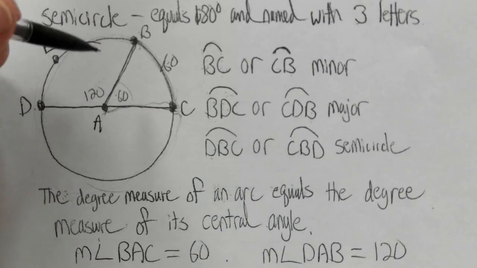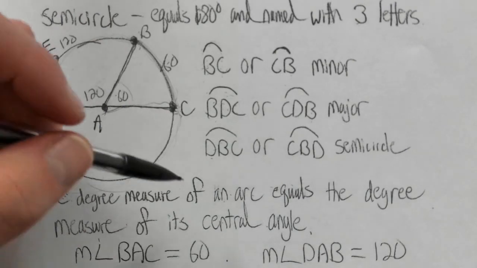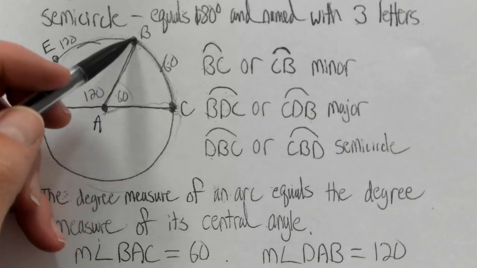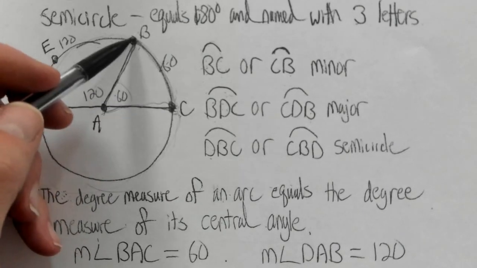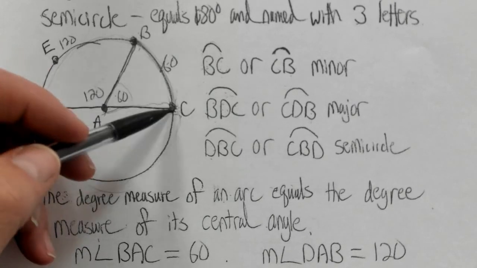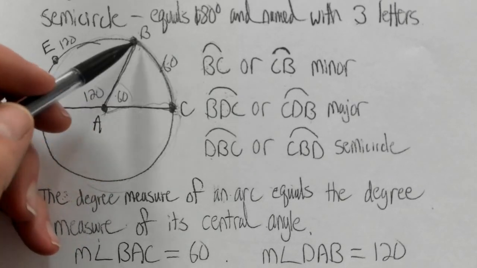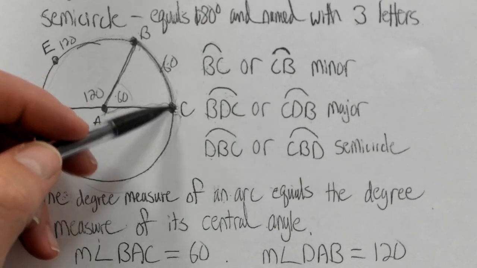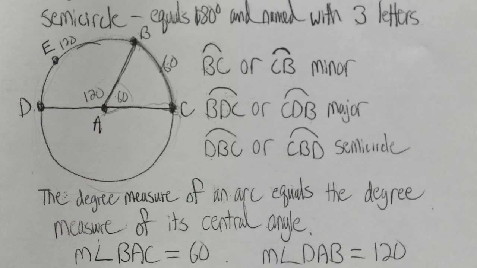Now, let me say this too about the arc. It has a degree measure of 60 degrees, but it also has a length, and we'll get into that a few sections later. So the degree measure of arc BC could be 60 degrees, but the length of arc BC could be 18 centimeters. See the difference? It's 2 different units of measure measuring 2 completely different things.